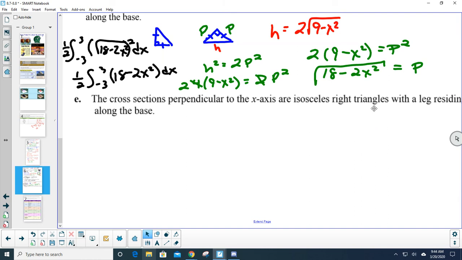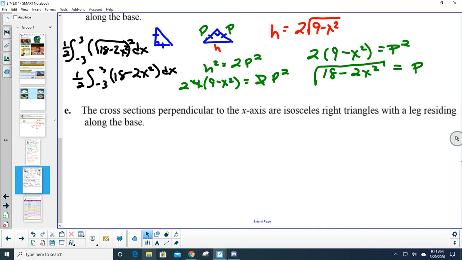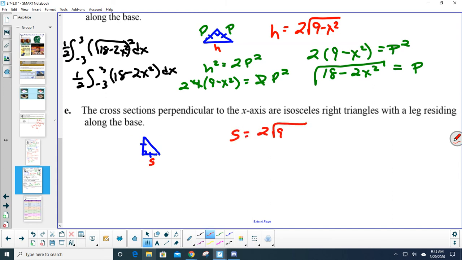It's still an isosceles right triangle, but instead of the hypotenuse being there, you got your leg being there. You got this guy up here, where this goes from side to side. So this is my side right here, and we know our side is 2 times the square root of 9 minus x squared. So this is super easy.